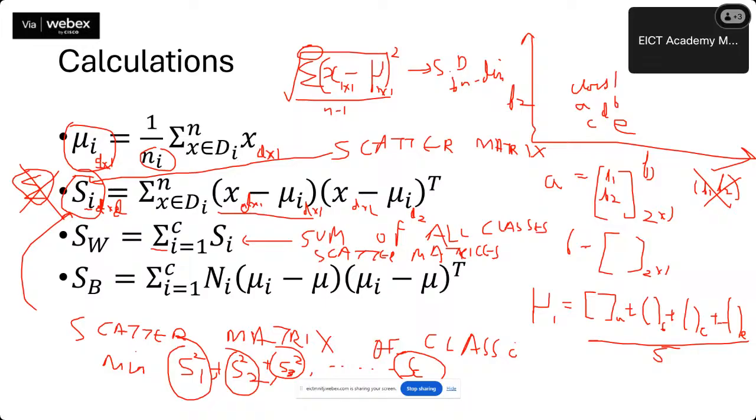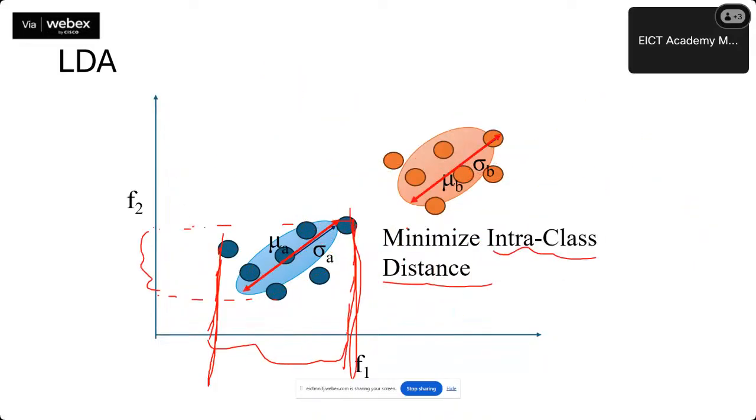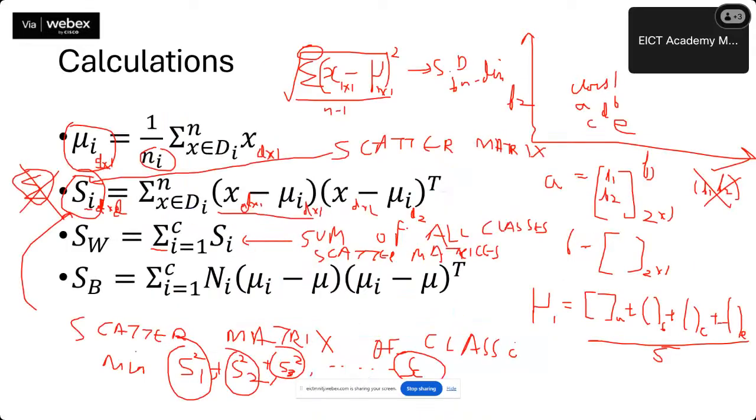So I minimize the sum of the scatter matrices of all the classes. Going a little bit pictorially, I want to minimize sigma A, I want to minimize sigma B. So I say I need to minimize sigma A square plus sigma B square. Sigma is standard deviation, and over there it's the scatter matrix, which is covariance, which is the square already. That's why you don't see a square.